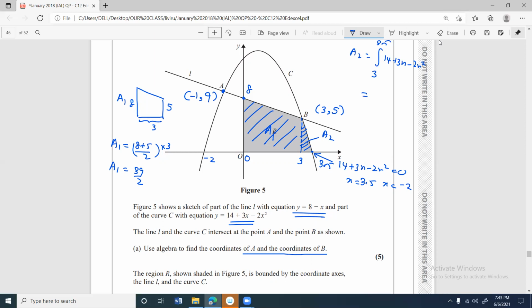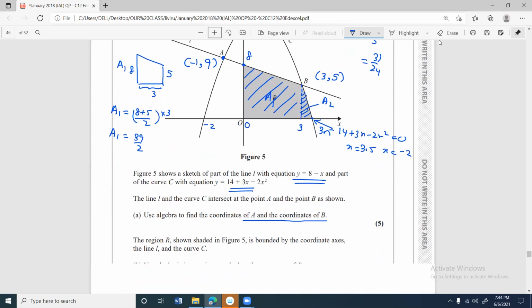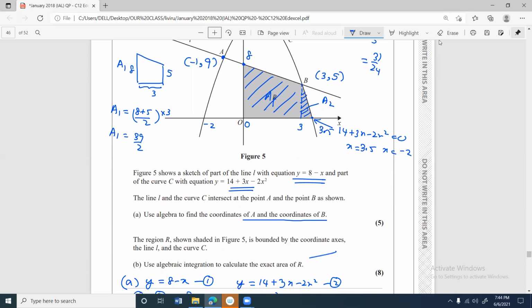From here you get the integration answer of 31 over 24. Therefore, the total area is 31 over 24 plus 39 over 2, which is 499 over 24. 499 over 24 is the final answer.